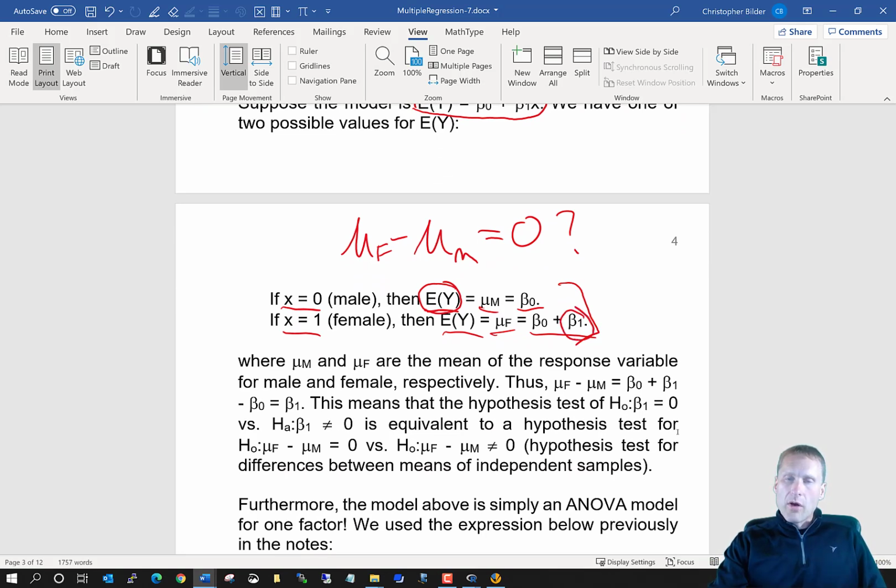If beta 1 is equal to 0, then the male mean is equal to the female mean. So thus, if I were to do a hypothesis test where H0 is mu f minus mu m is equal to 0, that is essentially equivalent to doing a hypothesis test for beta 1 is equal to 0, now represented here in a regression sense.